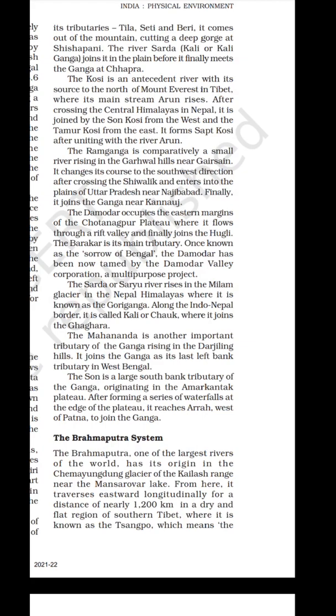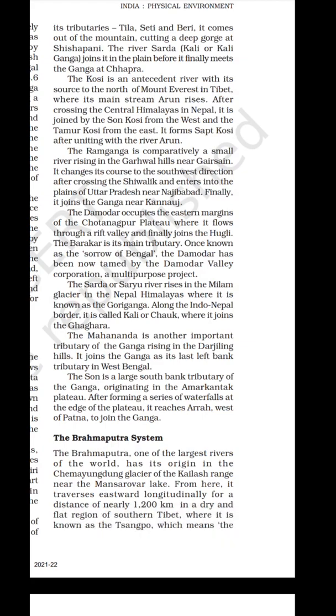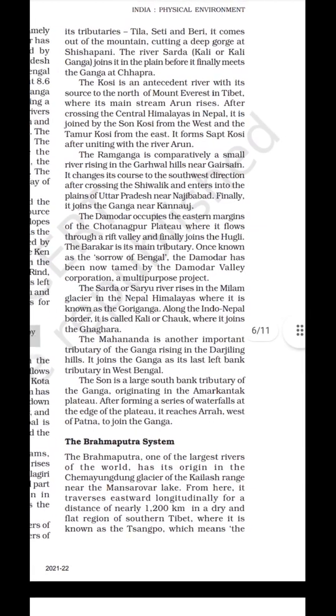The Brahmaputra system. The Brahmaputra, one of the largest rivers of the world, has its origin in the Chemayungdung glacier of the Kailash range near the Manasarovar lake. From here, it traverses eastward longitudinally for a distance of nearly 1200 kilometers in a dry and flat region of southern Tibet, where it is known as the Tsangpo, which means the purifier.